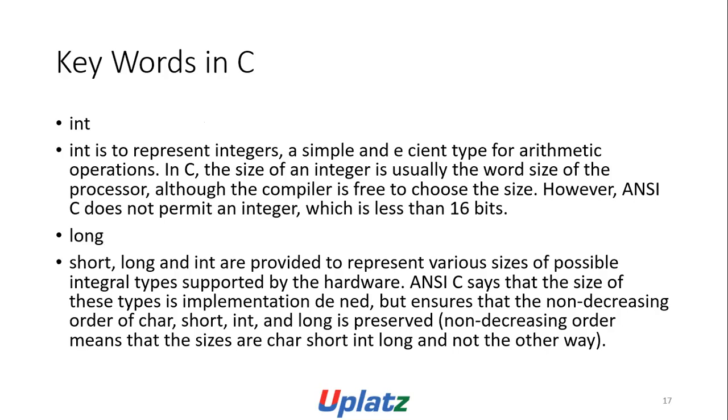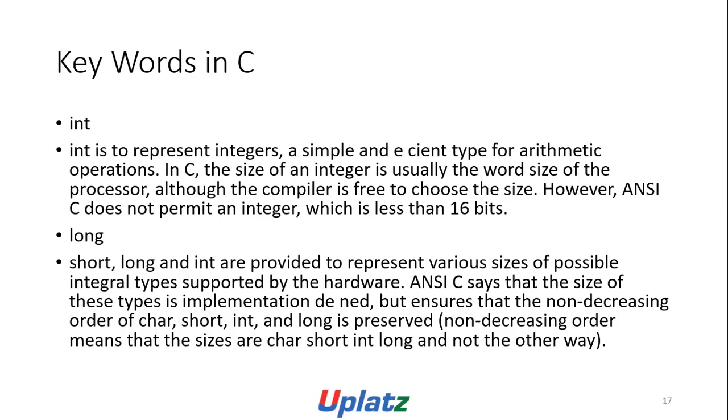int is used to represent integers, a simple and efficient type for arithmetic operations. In C, the size of an integer is usually the word size of the processor. Although the compiler is free to choose the size, ANSI does not permit an integer which is less than 16 bits. long, short, long, and int are provided to represent various sizes of possible integral types supported by the hardware.